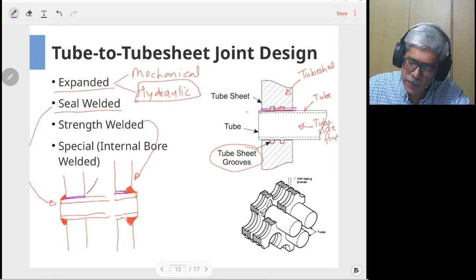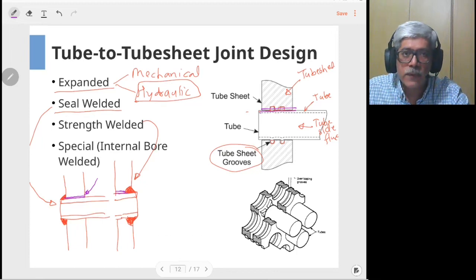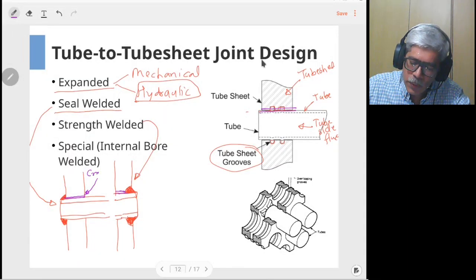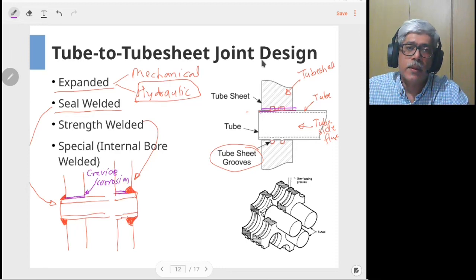Through this crevice, the shell side fluid enters into this very narrow region, and it gets settled there, and crevice corrosion takes place.